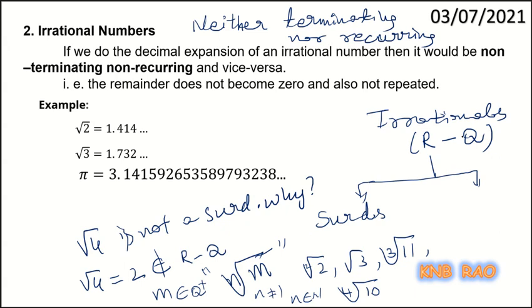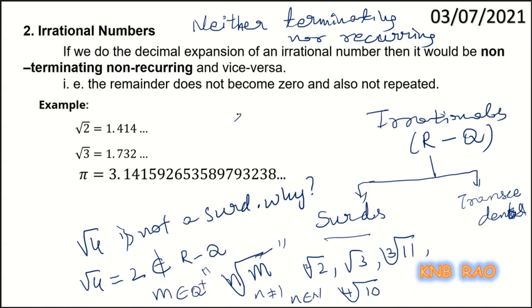Now, irrational numbers are subdivided into surds, and another, what are the other things? They are transcendental irrationals. Which are transcendental irrationals?